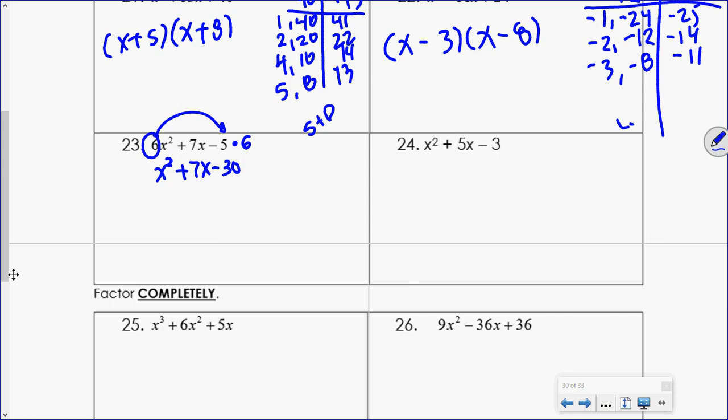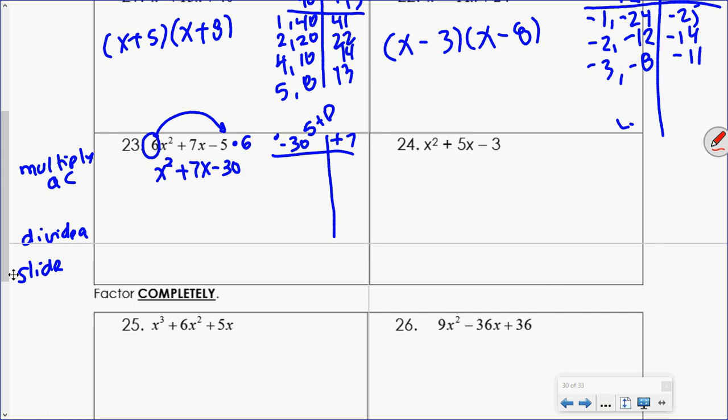Now we can use those skills to find two factors that multiply to negative 30 and add up to positive 7. So first, multiply a and c, and then at the end, we're going to divide by a, and then we're going to slide. Okay? So let's do it.